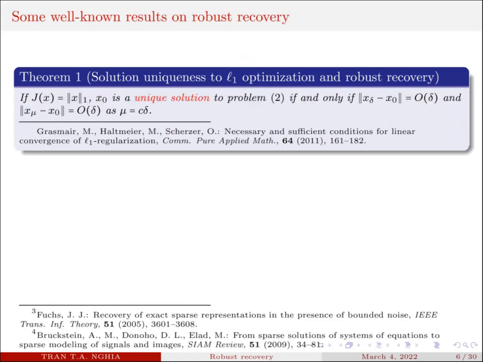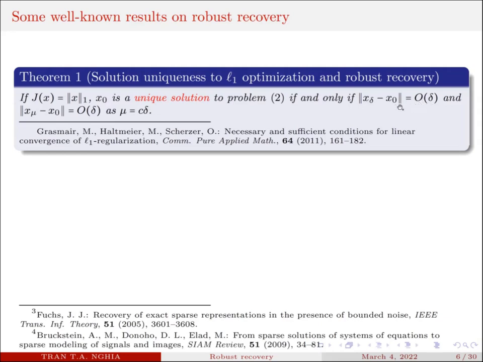And there is a very famous result in this direction, established by Grasmair et al., just for the case of the L1 norm. For the L1 norm, they show the following: when X naught is a unique solution, then the error between the solution to problem 4 and the original signal is big O of delta.